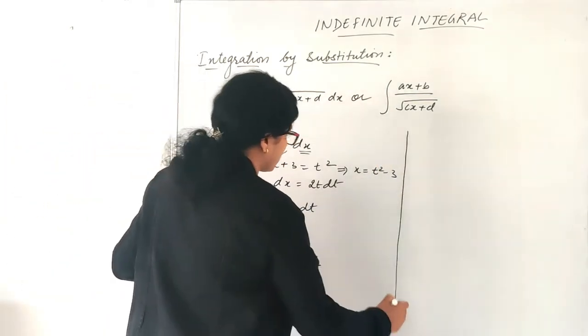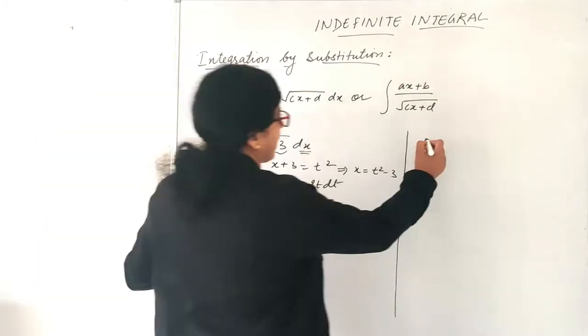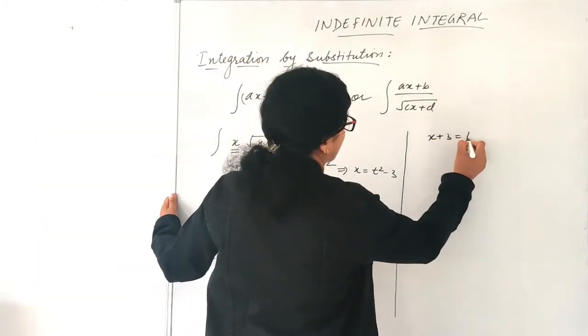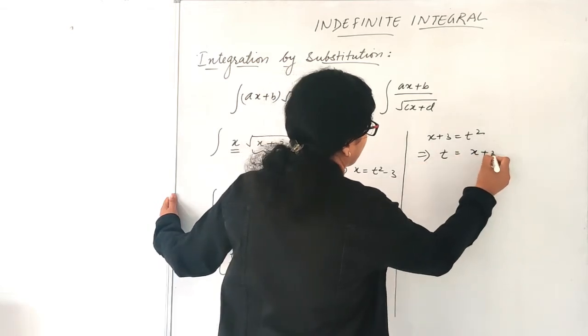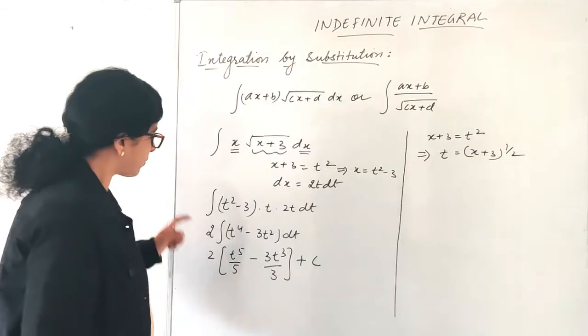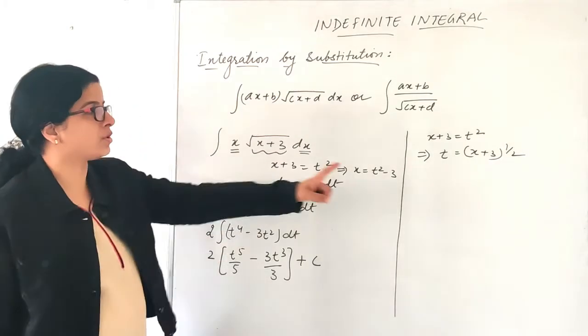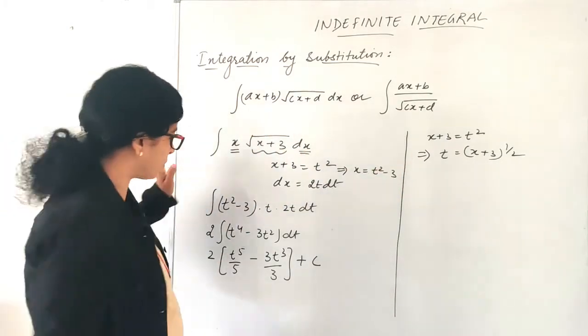Please pay attention here. So we have x plus 3 is equal to t square. So what does that imply? t is equal to x plus 3 to the power 1 by 2. So wherever I have t, I will substitute x plus 3 to the power 1 by 2. So what will it become?